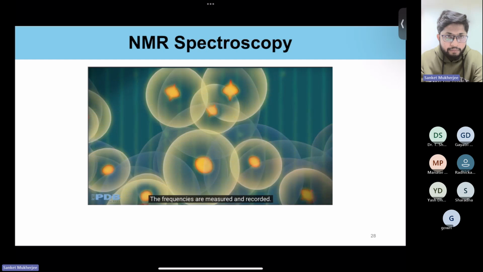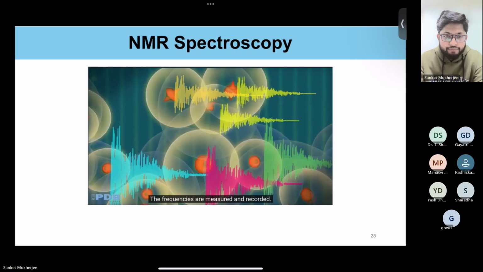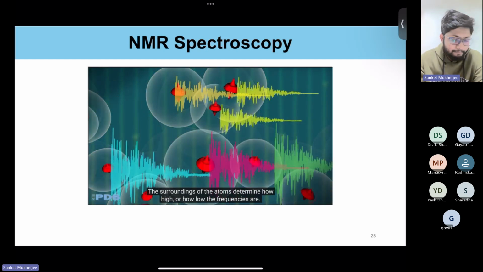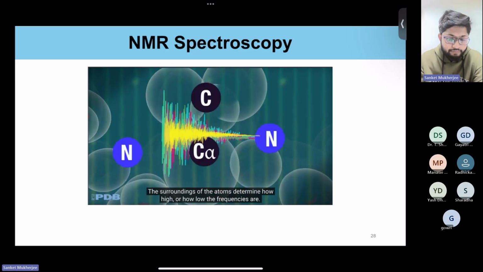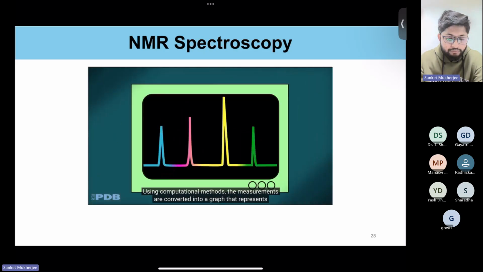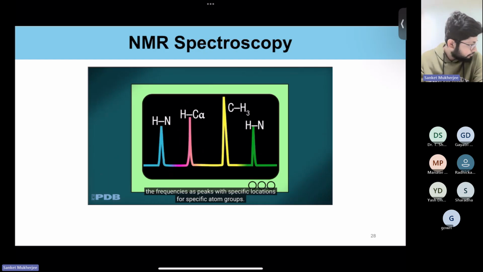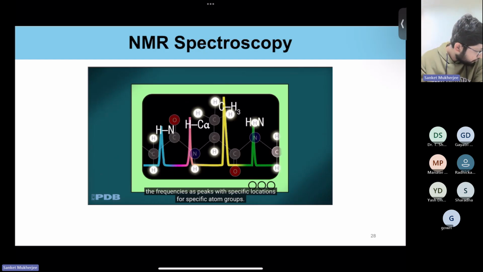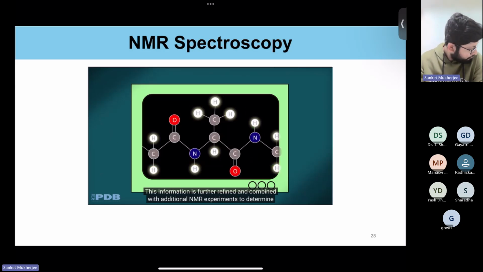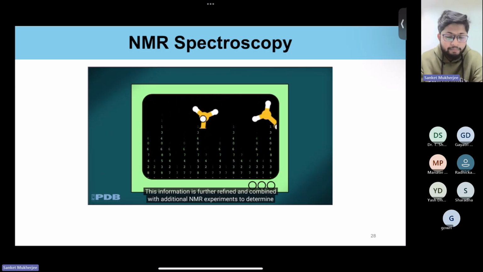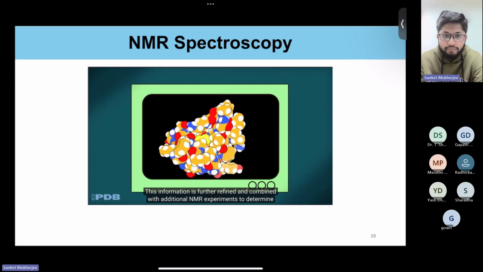The frequencies are measured and recorded. The surroundings of the atoms determine how high or how low the frequencies are. Using computational methods, the measurements are converted into a graph that represents the frequencies as peaks with specific locations for specific atom groups. This information is further refined and combined with additional NMR experiments to determine the 3D structure.